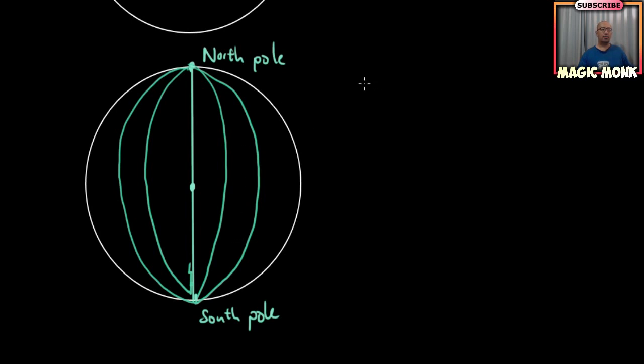So these are called lines of longitude. Again, we'll put some measurements on. We'll have 0 degrees as the line in the middle, and this line at 0 degrees is called the Greenwich meridian.